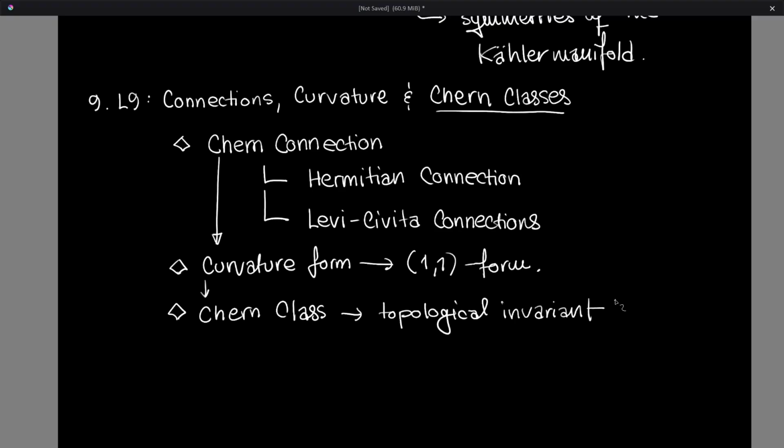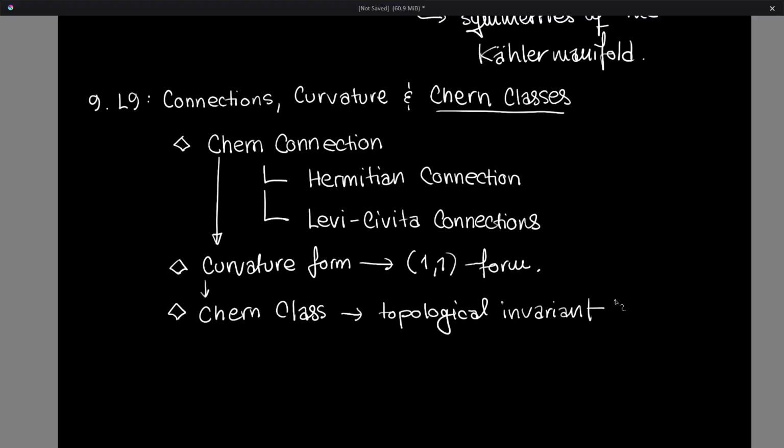We were done with that once we talked about Dolbeault cohomology, and then with lectures 9 and 10, we were developing the part to do with the Riemannian manifolds and the metrics and all of that kind of stuff that we did last time. Connections, curvature, and Chern classes are there independently, but they also develop into these Riemannian manifolds. And so we had to talk about these before we talked about Riemannian manifolds.